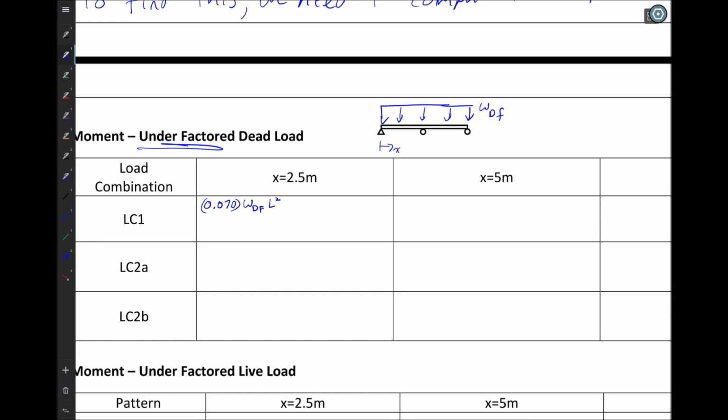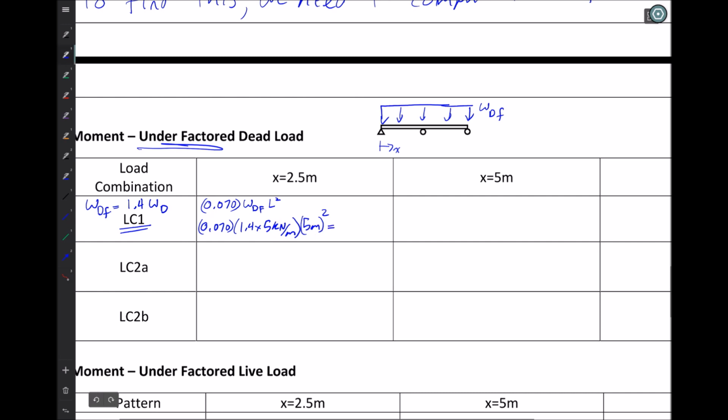And so plugging in some values for that, under load combination 1, W dead factored is equal to 1.4 W dead, I'm going to get 0.070 times 1.4 times W dead, which is 5 kilonewtons per meter, times 5 meters squared. And looking at the way that the units work here, I'm going to lose the meters on the denominator and one of these meters here, so I'm left with kilonewton meters.